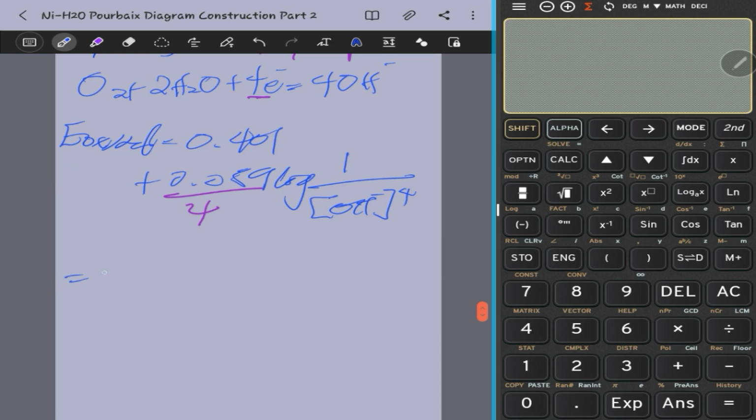So this gives me 0.401 plus 0.059 over 4, right, times minus 4, and I have log concentration of OH minus. So now that we understand the equation, I'm just going to go straight forward.